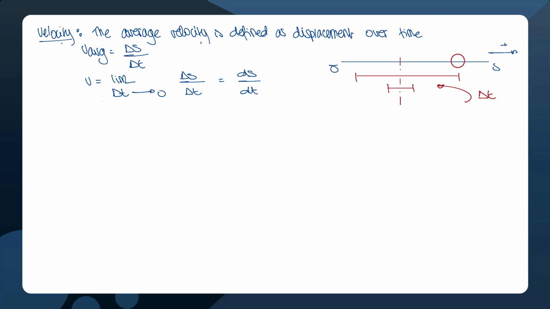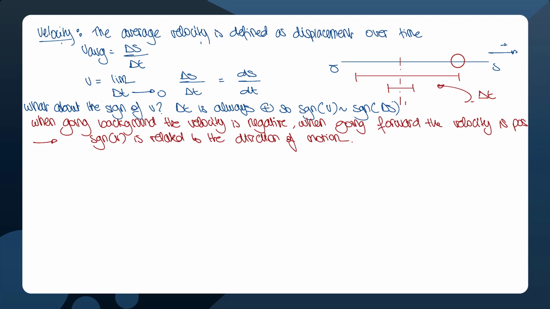That's the instantaneous velocity. Now what about the sign of v? We're interested in knowing when v is positive and when v is negative. As you can see from the expression, we know that v is equal to the limit of delta s over delta t, and we know that delta t is always positive. So the sign of v is dependent on the sign of delta s.